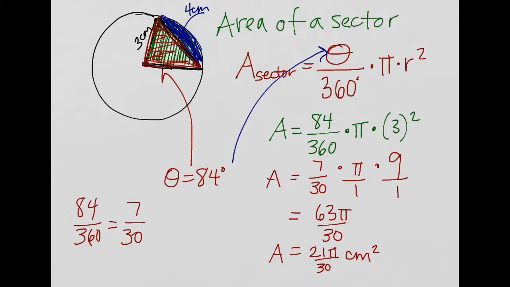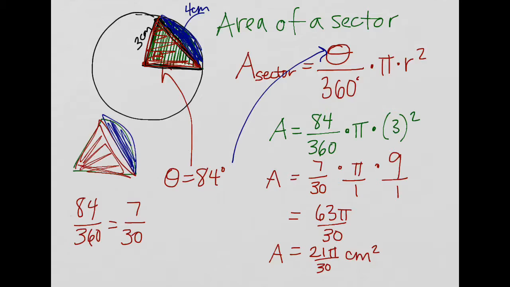So to solve for that, we need to take the area of this green sector, and we can subtract the area of this triangle. And then what would be left over would be this blue section here, okay, as my segment.